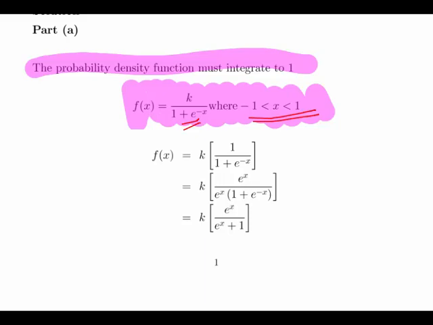We can rearrange it so f(x) equals k times the exponential of x divided by the exponential of x plus 1. What we're doing there is multiplying above and below by the exponential of x, which is a perfectly valid operation. This hopefully makes things a little simpler to operate.